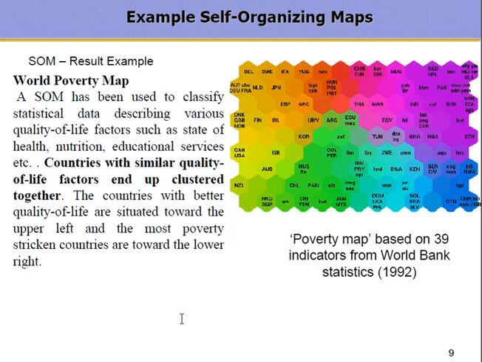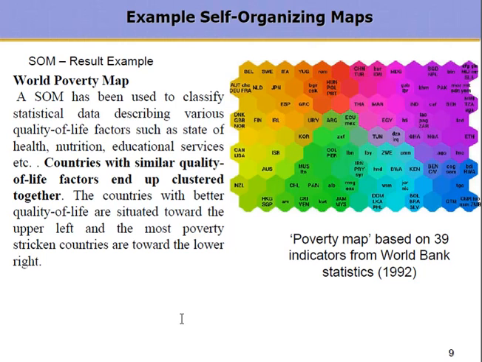So just to have a motivation for SOM, let's have a look at another example. Here is a world poverty map, and you can see that a SOM has been used to classify statistical data describing various quality of life factors such as state of health, nutrition, education services, etc. If we had to do this manually, it could be a very hectic and time consuming task.